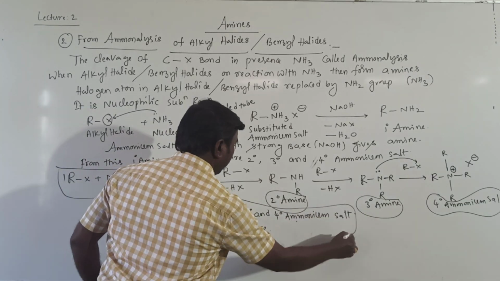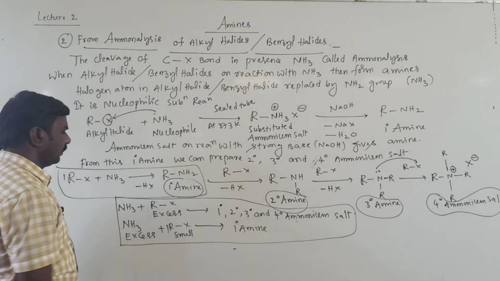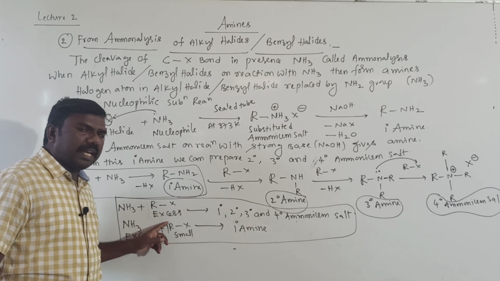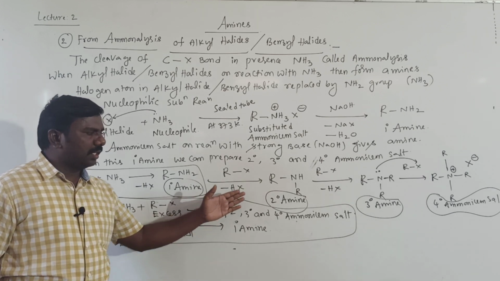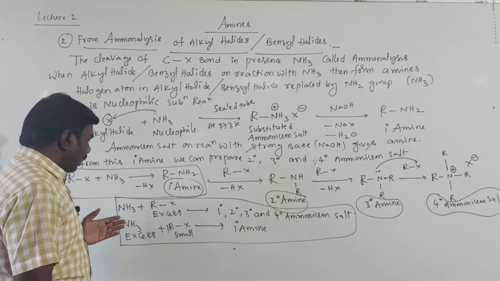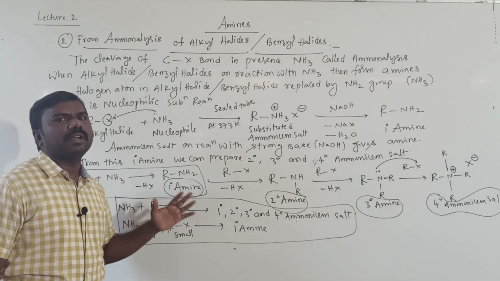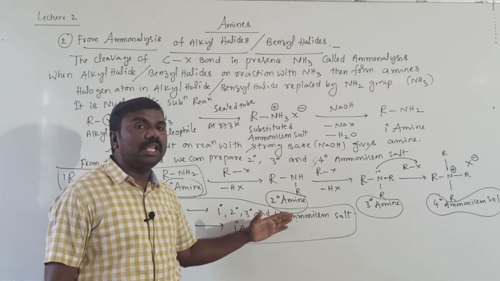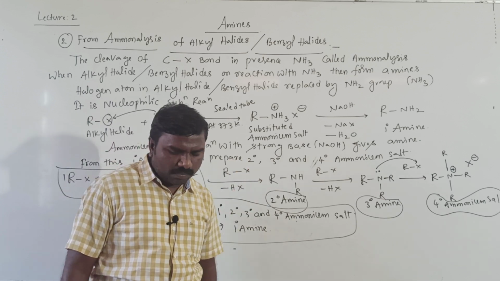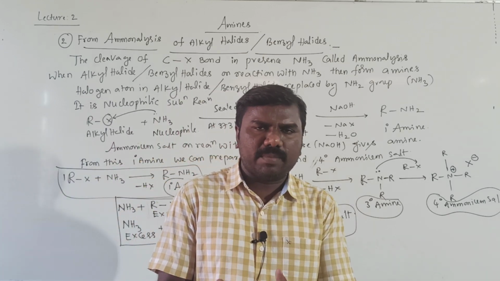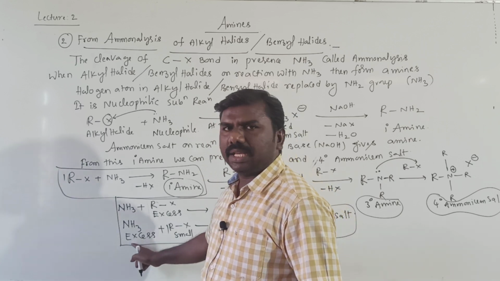It is very, very important, students. Alkyl halide taken in excess forms primary, secondary, tertiary and quaternary amines. Excess ammonia and a small amount of alkyl halide gives only primary amine. To stop the reaction at the primary amine stage, you need to take excess ammonia.